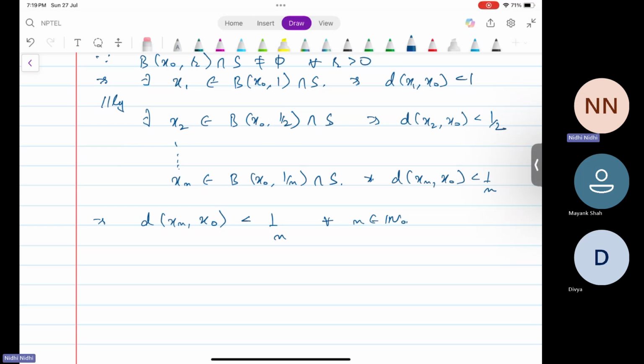Now, for any epsilon positive, clearly by using the Archimedean property, the way we prove the sequence 1/n converges to 0, let epsilon positive be arbitrary.